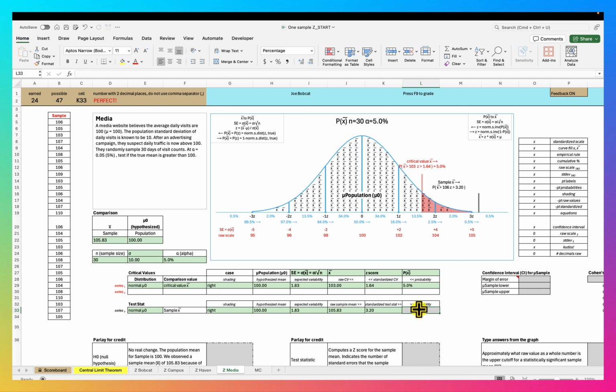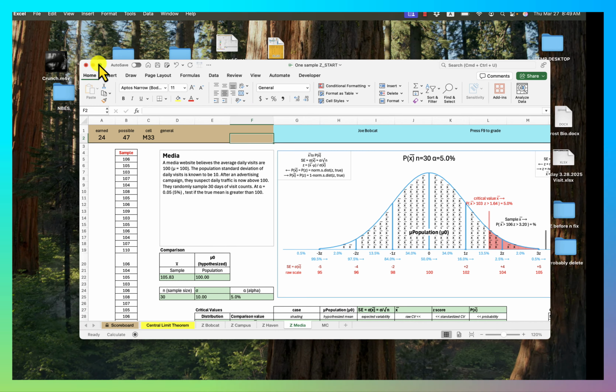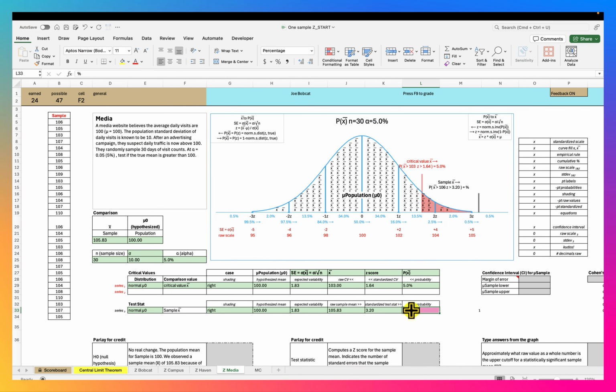And the probability of that number, it's to the right. So this is x bar to p of x bar, and we're looking to the right. So it's 1 minus norm.s.dist, z, true.